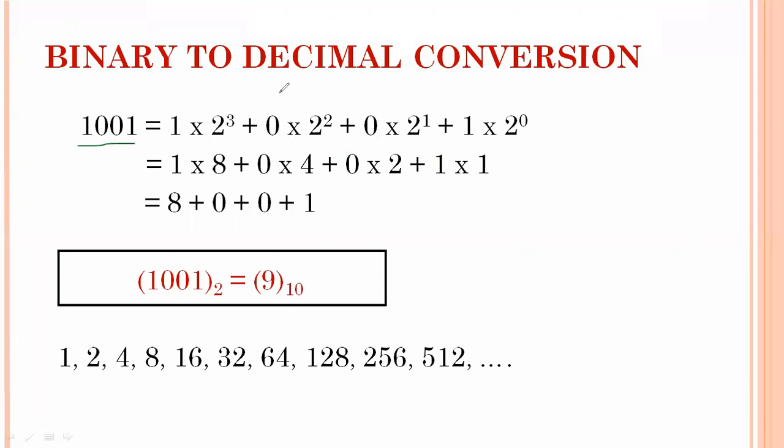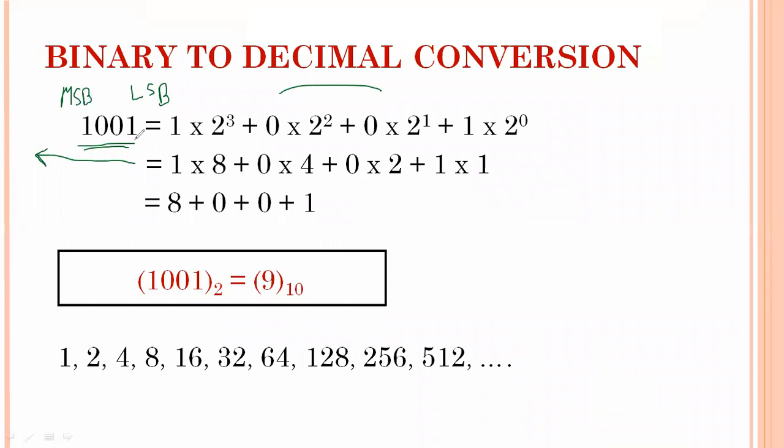Starting from the right, we will move to the left. The rightmost digit is the LSB, and the leftmost is the MSB, the most significant bit.